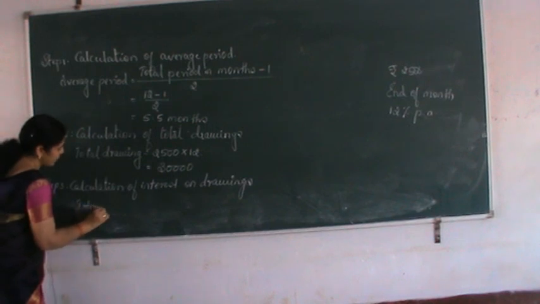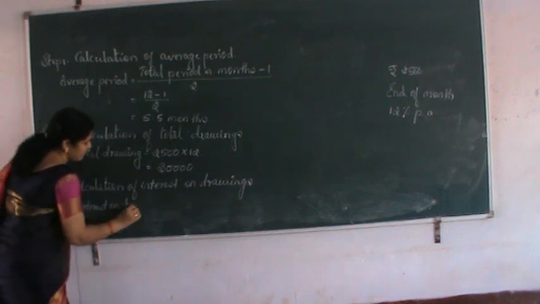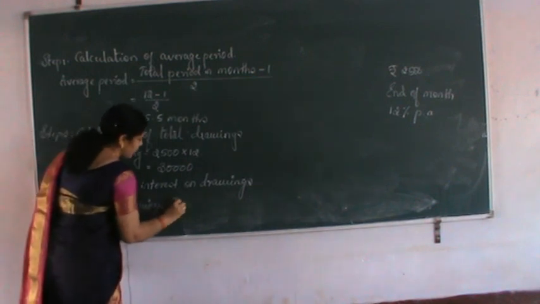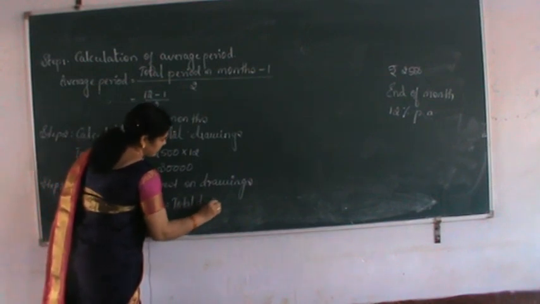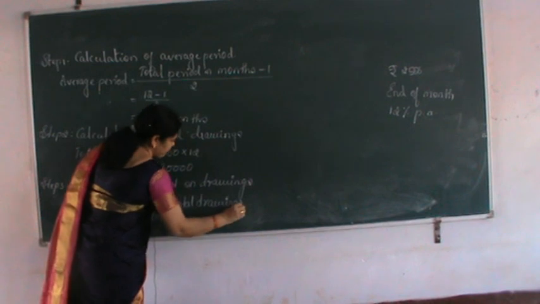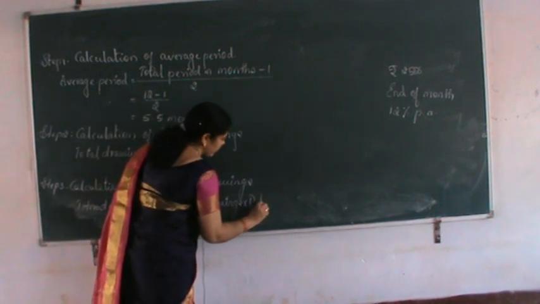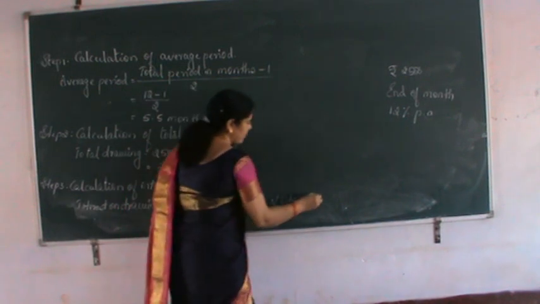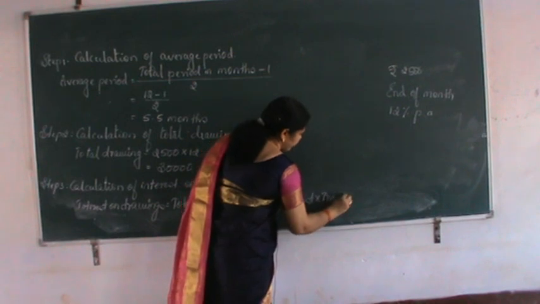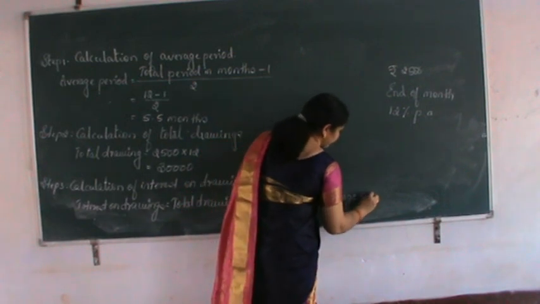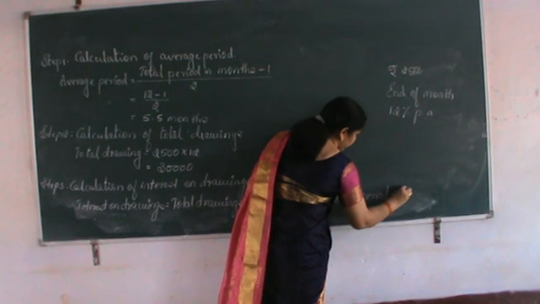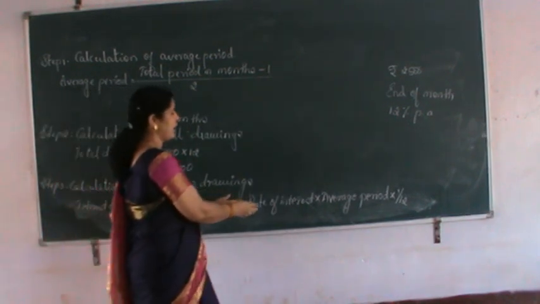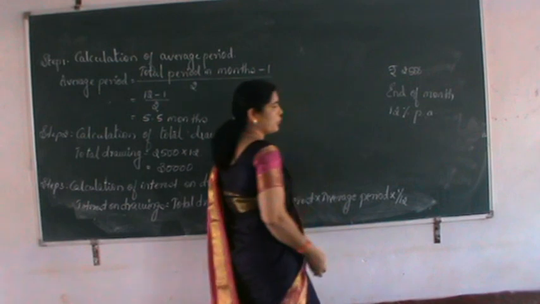So interest on drawings is equal to total drawings into rate of interest into average period into 1/12. So total drawings into rate of interest into average period into 1/12.